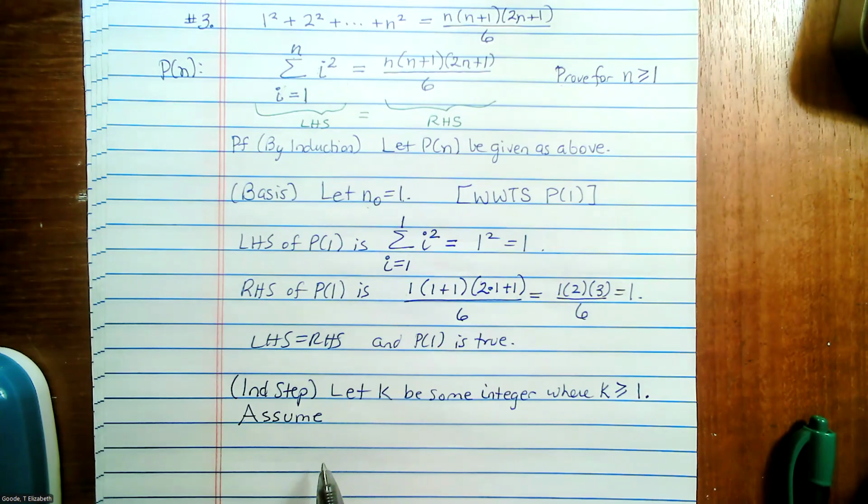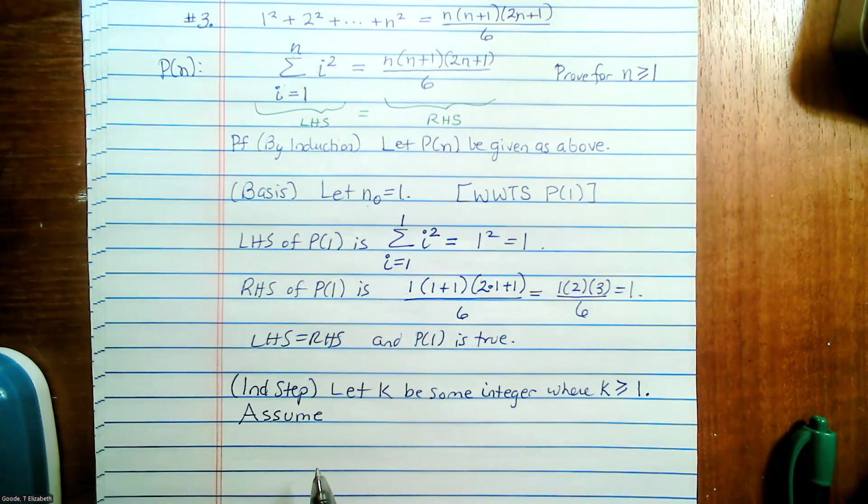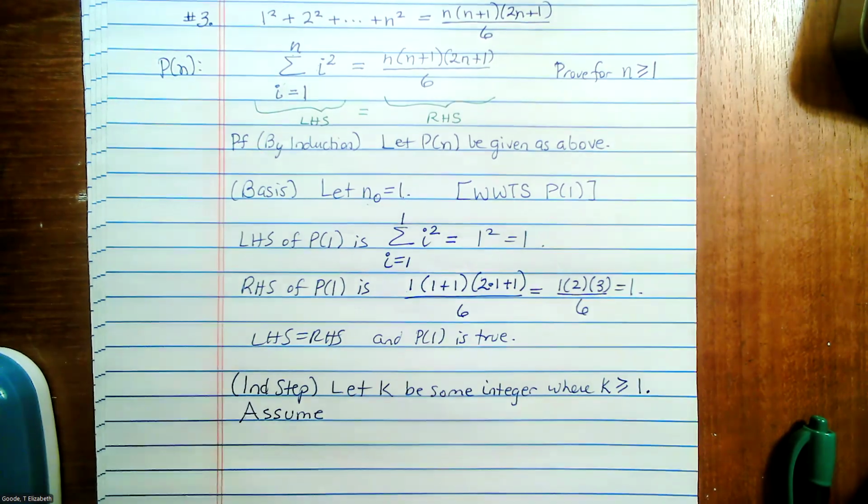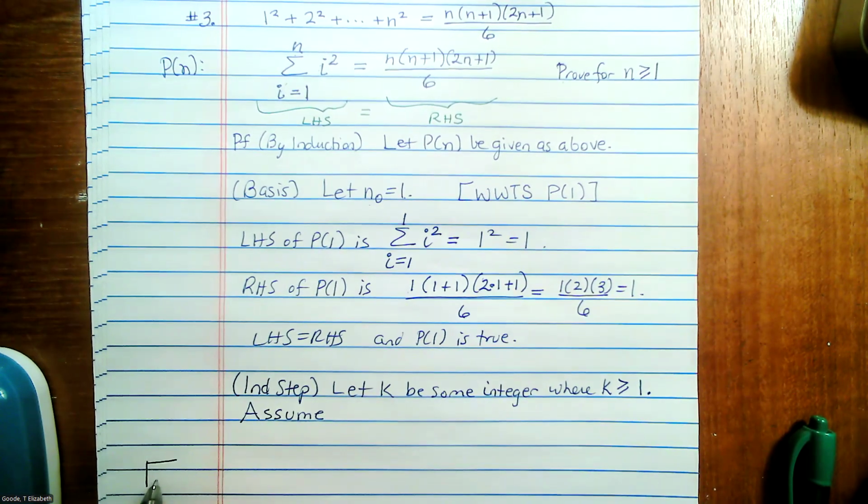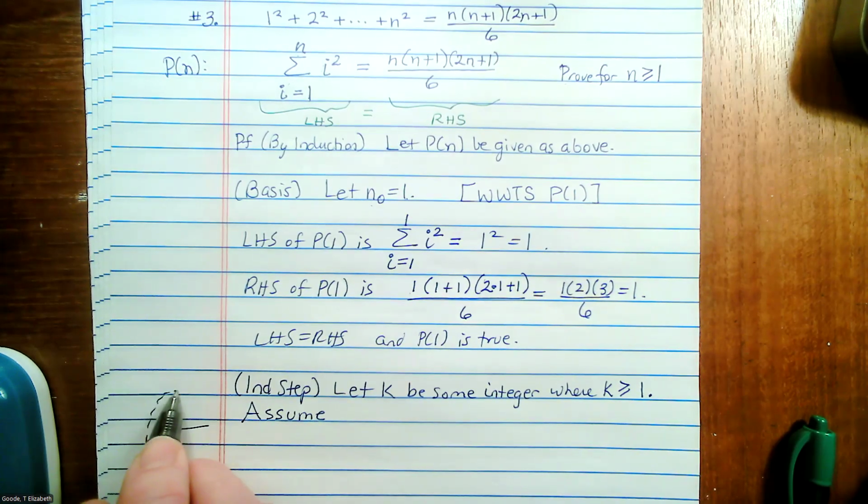Does everybody know what we assume in general? And then we'll write the specific statement for this predicate P of n. What do we always assume in the inductive step? We always assume we're standing on step k, right? And then what we wish is to show that we can step up.